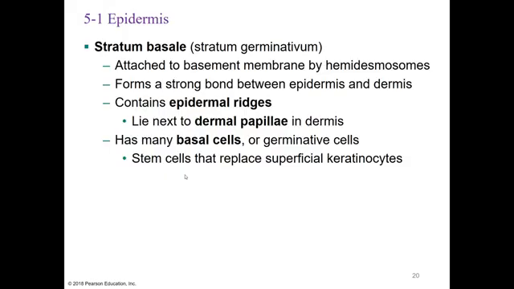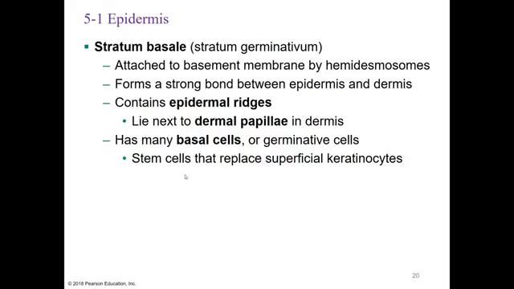Here it gives you some of that in the notes. Again, it's attached to the basement membrane by hemidesmosomes. Hemidesmosomes we talked about also in chapter 4. Those anchor the epithelial tissue down to connective tissue. The stratum basale also is where the epidermis and dermis meet and bond.